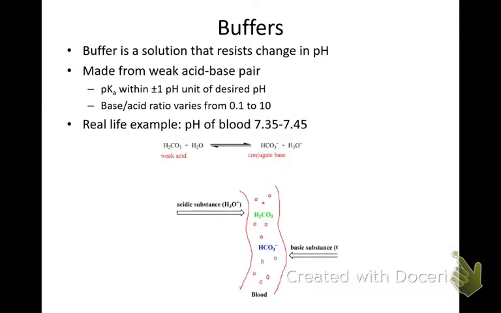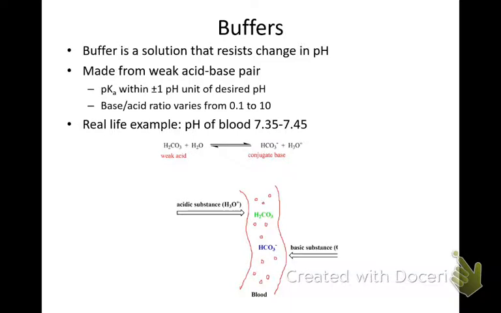Buffers are real. One great example of a buffer is the buffering system in your blood. Your body keeps your blood pH tightly controlled between pH 7.35 and 7.45. And it does so by having a mixture of carbonic acid and hydrogen carbonate in your blood.